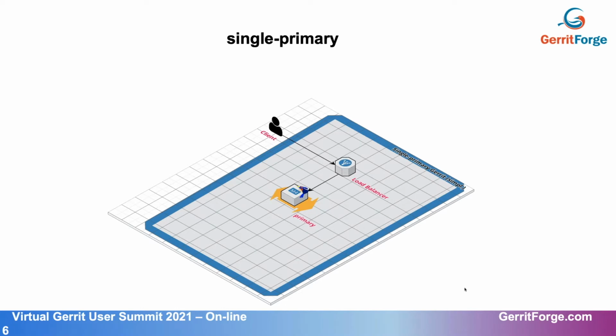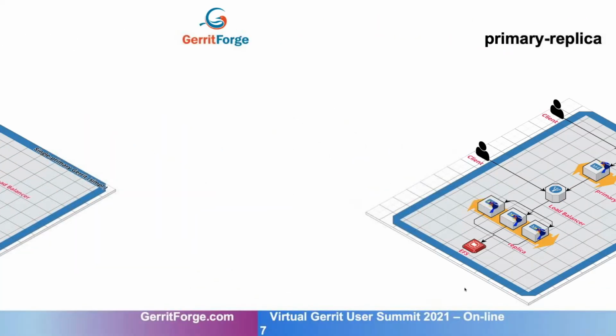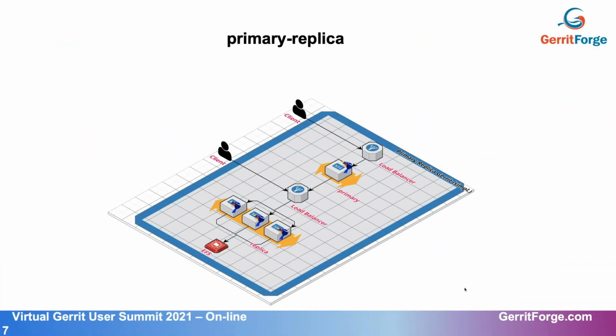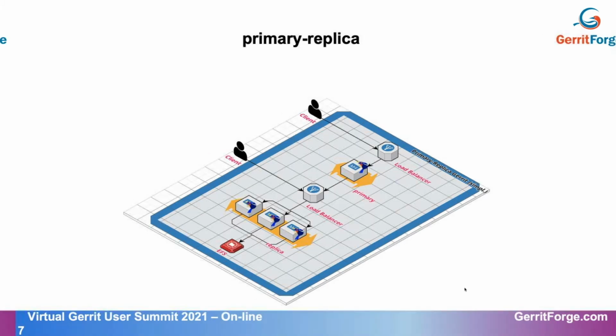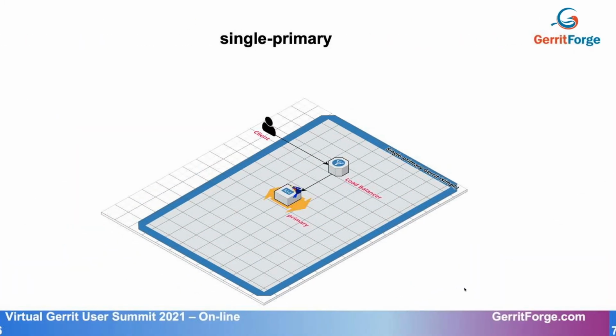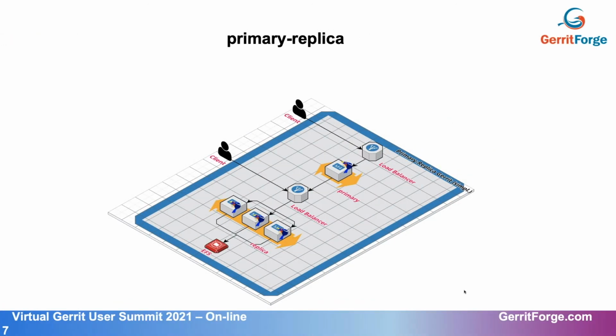So we have some results on Gerrit with a more complex architecture. This is the evolution of that architecture, which is similar, but now you actually see the introduction of the load balancer with some replicas behind it.